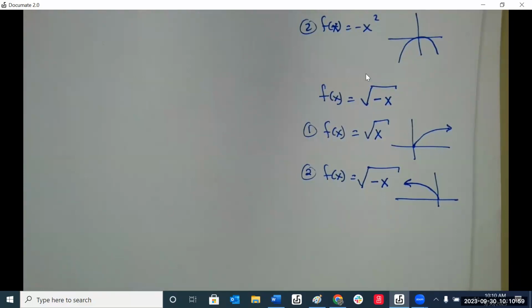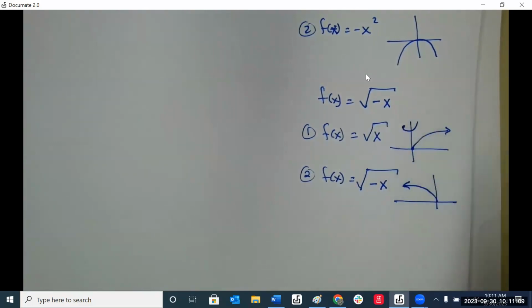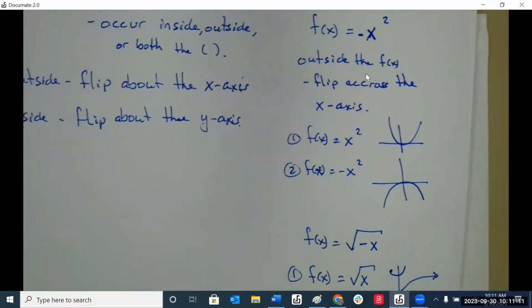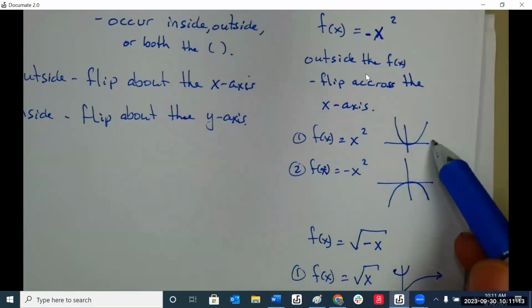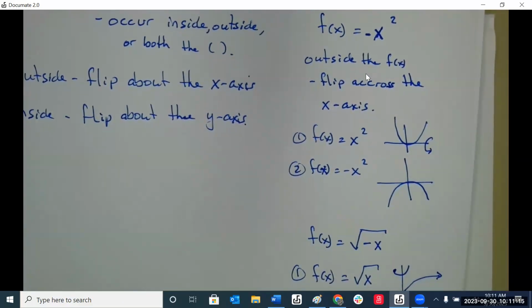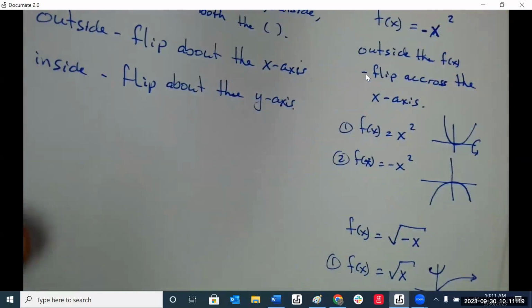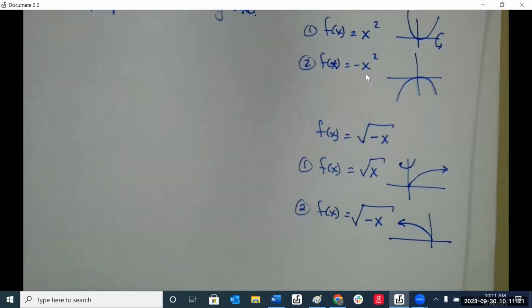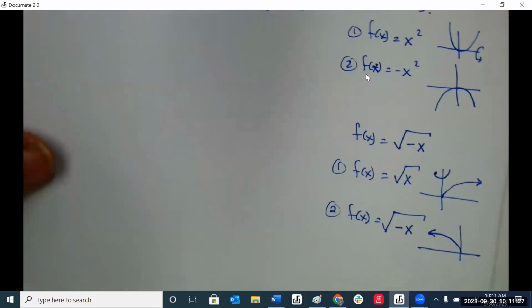And now it changes the direction it's pointing. Again, if it's inside, I flip across the y-axis. If it's outside, I flip across the x-axis. And if I have both inside and outside, then it's x-axis, then y-axis. That's a reflection.